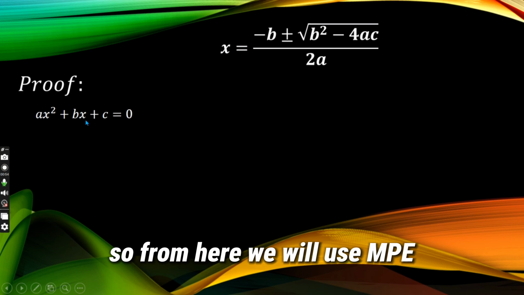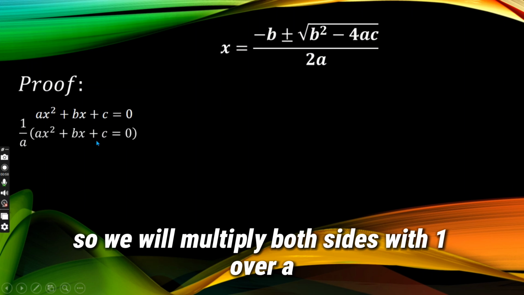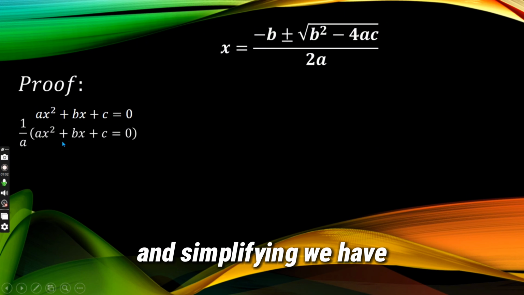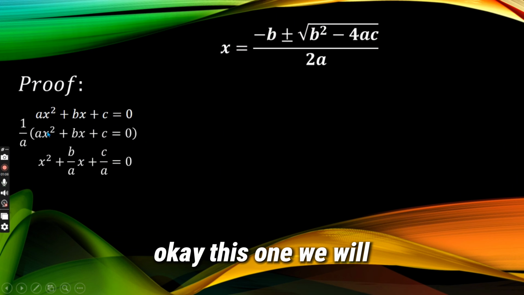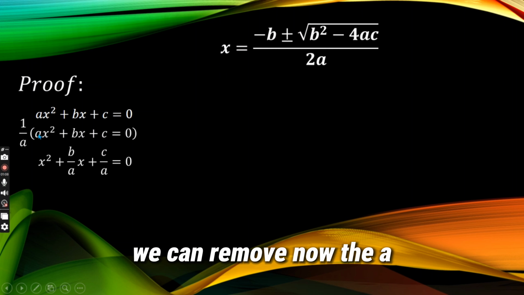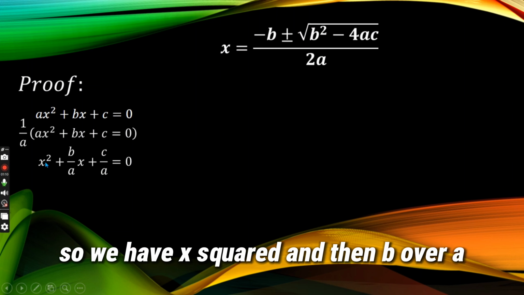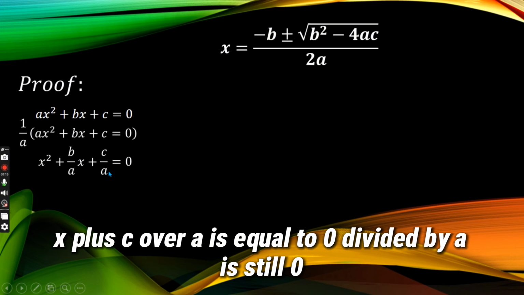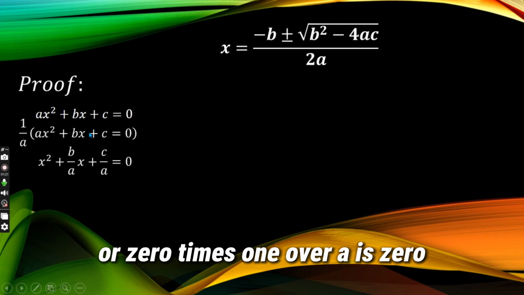From here, we will use MPE. We will multiply both sides by 1 over a. Simplifying, we can remove the a, so we have x squared plus b over a x plus c over a is equal to 0 divided by a, which is still 0, or 0 times 1 over a is 0.